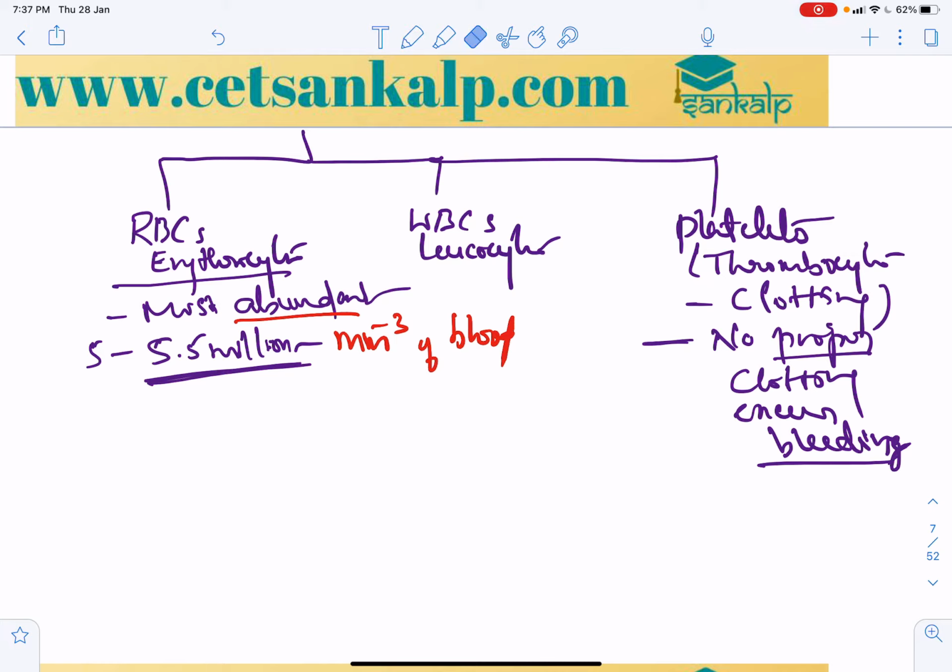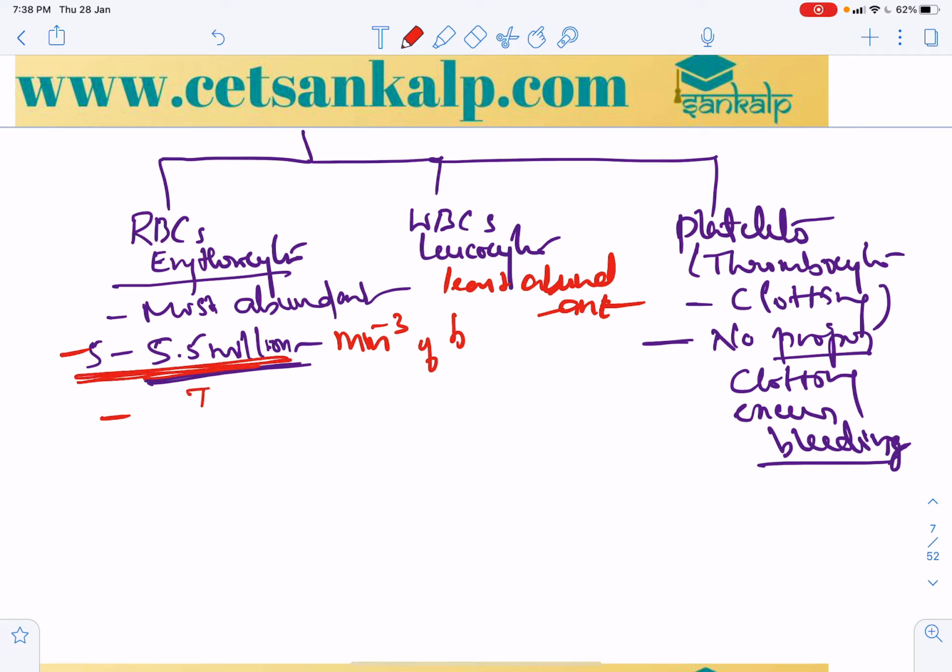The simple thing to keep in mind, they always ask this: leukocytes are the least abundant, around 6000 to 8000, or you can say 6 to 10,000. And this is the total RBC count, the total number of RBCs per microliter, that is, the total red blood count.